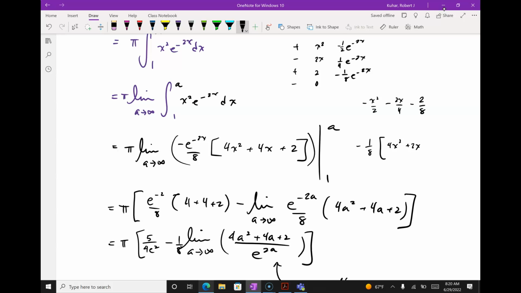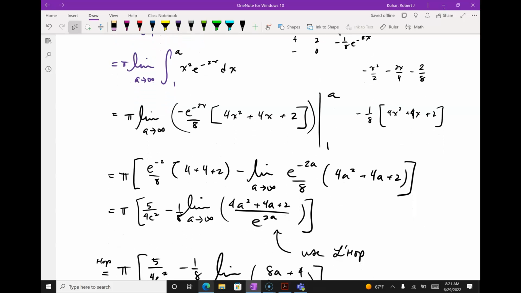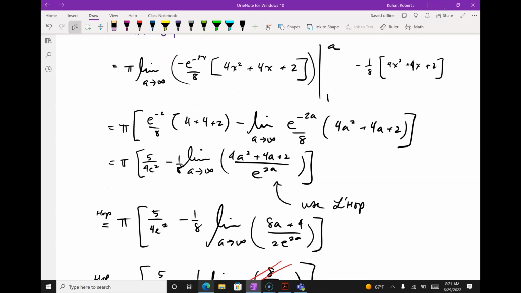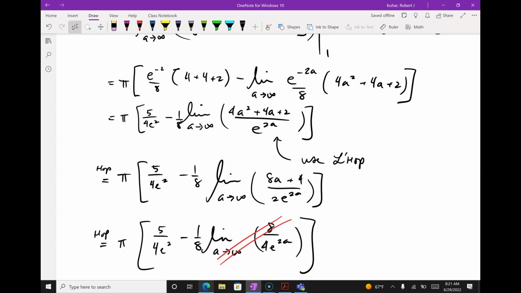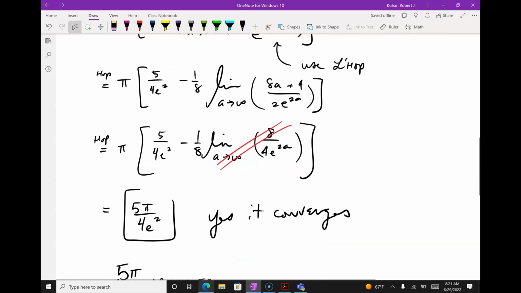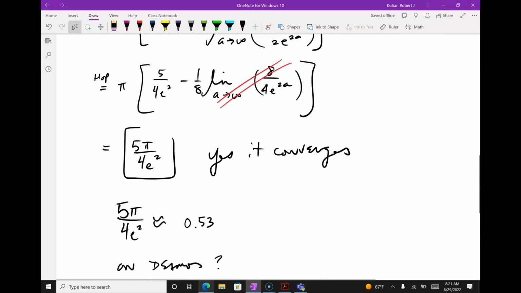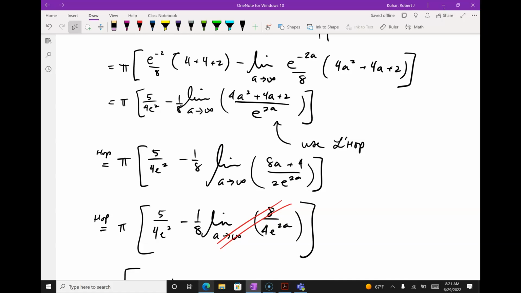Oh, yeah. It's a 4x, that's right. Anybody get something different than 5 pi over 4e squared?